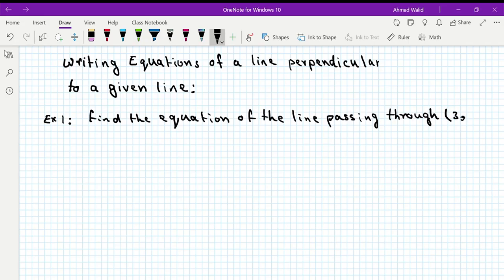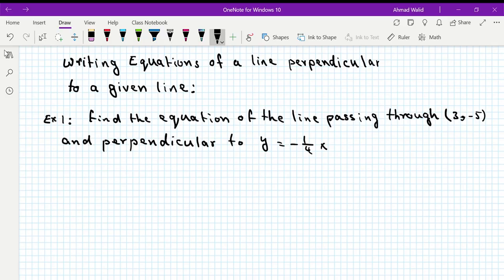Actually, I'm copying the previous example, but here the condition will be different, correct? And perpendicular to y equals negative 1/4 x plus 2.